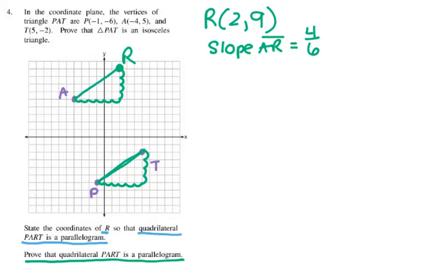For segment PT, I'm going to double check that I counted my boxes correctly and got 1, 2, 3, 4, 5, 6 for my change in x, and my change in y, 1, 2, 3, 4.